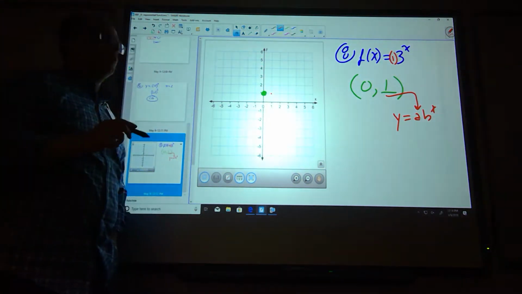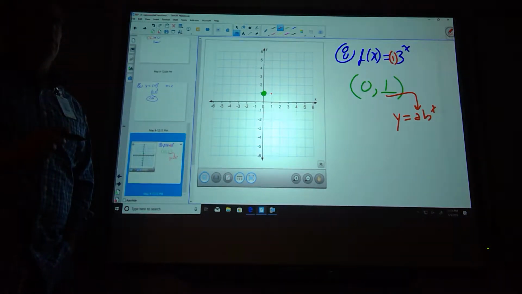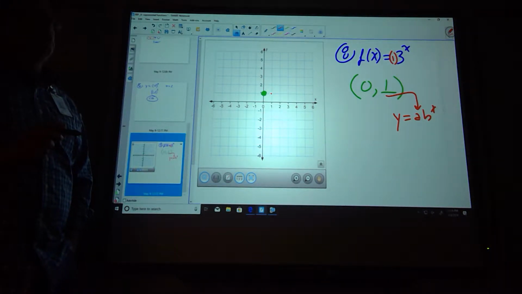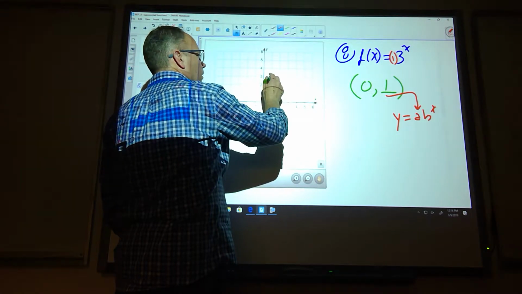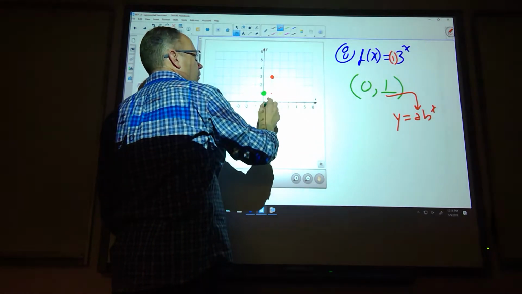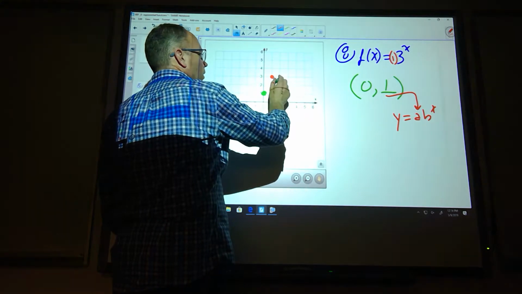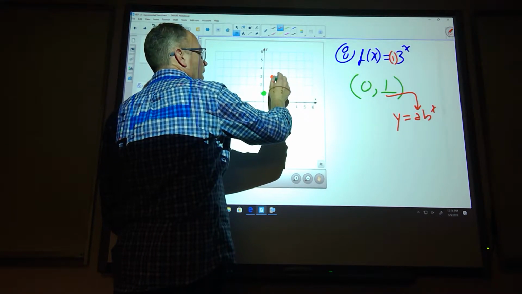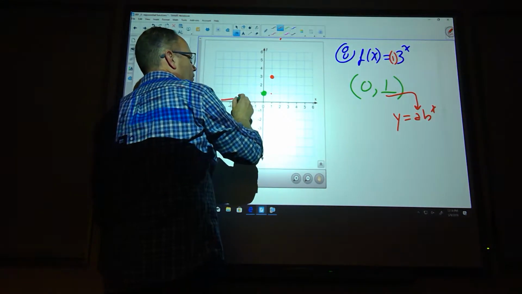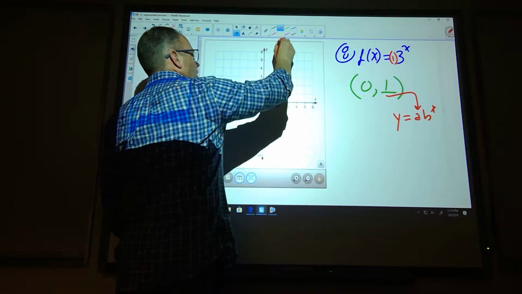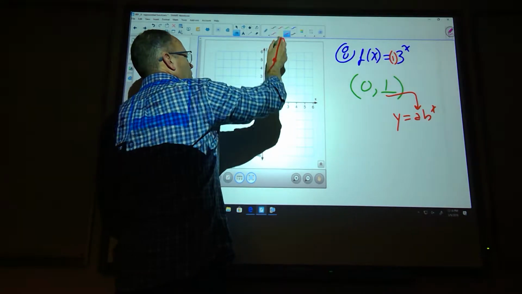What am I going to multiply my y value by in this case? 3. So 1 times 3 is 3. And then I go right one more, and go 3 times 3, which is 9. So it's way up there, right? So this graph is doing this. Now there's one thing I want to bring into here.